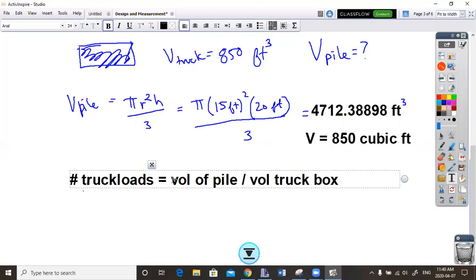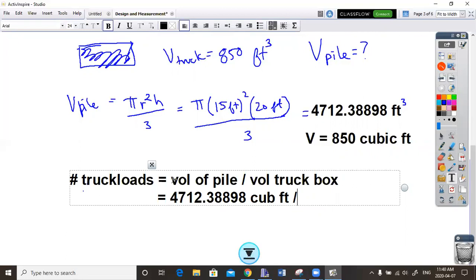So that equals 4712.38898 cubic feet divided by 850 cubic feet.